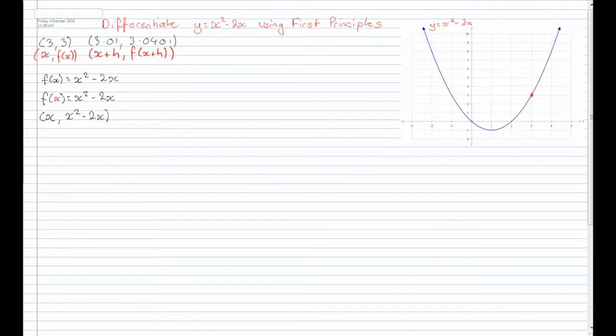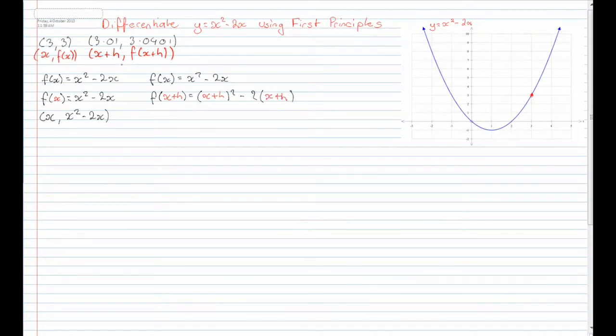That's our first point. Our second point, though, is going to be a little bit different, because we're going to do f of x is equal to x squared minus 2x. Alright, we're now going to substitute in x plus h. You get f of x plus h is equal to x plus h squared minus 2 times x plus h.